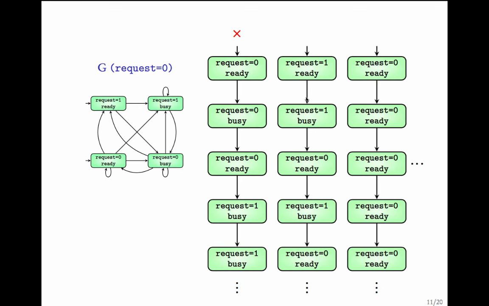Similarly, this execution also does not satisfy the requirement G request equal to 0. The final one here indeed satisfies G request equal to 0 because in every state of this execution request is 0.